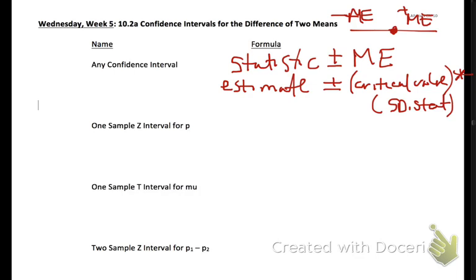If you remember the one sample interval for P and the one sample T interval for mu, pause this video and see if you remember those formulas.